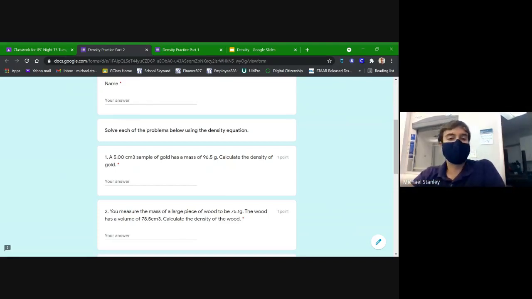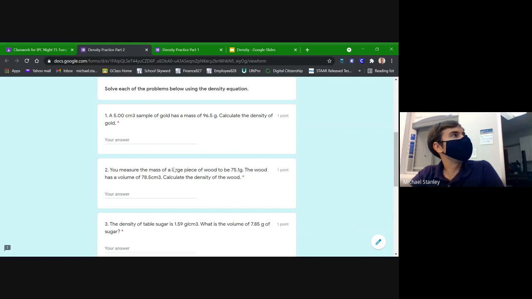Don't just see, oh, we have 5 and we have 96.5, so I'm going to do 5 divided by 96. If you read it, it mentions that the mass is 96, which means 5 centimeters cubed is a volume. So you have to do mass divided by volume in order to find your density.